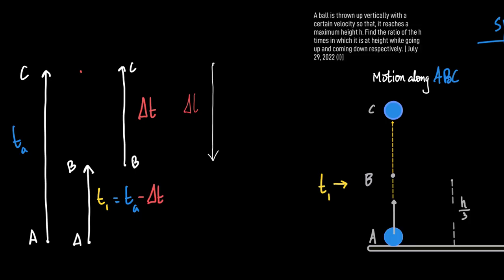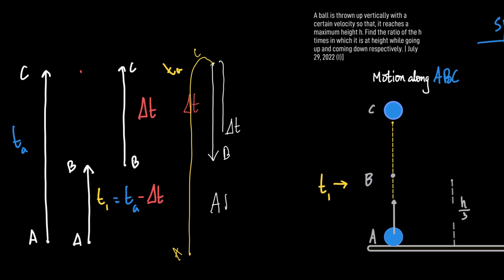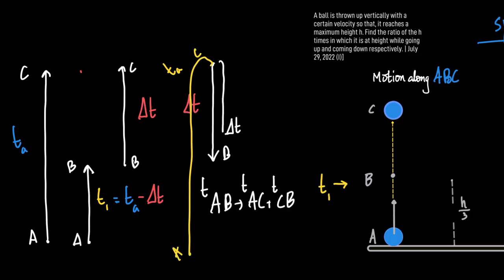Now, from A to C, it has covered the time TA. From C to B, it has covered the time delta T. So the time from A to B on the way down will be the sum of the time from A to C plus C to B. So T of AB will be equal to T of AC plus T of CB.